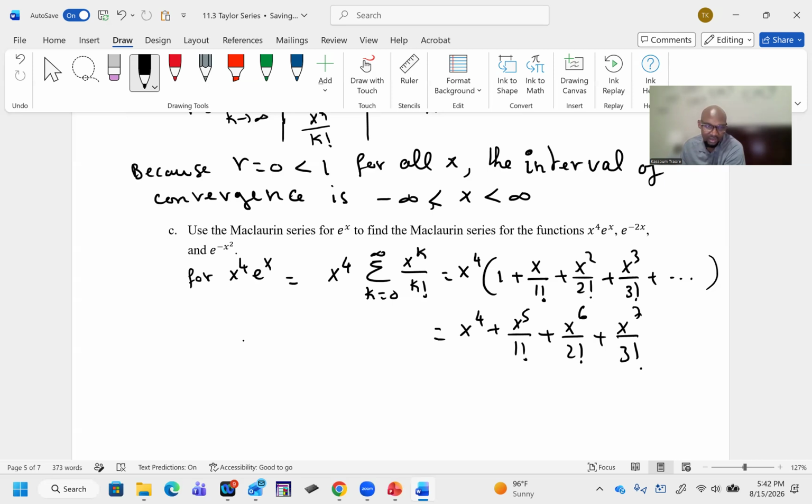And for e to the power of negative 2x, we replace x with negative 2x, right?